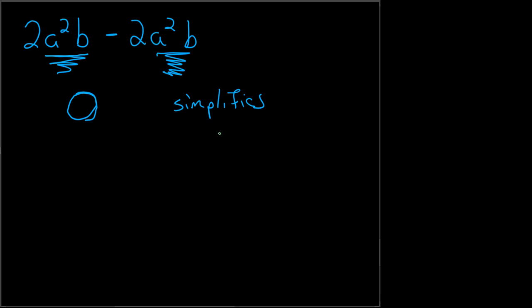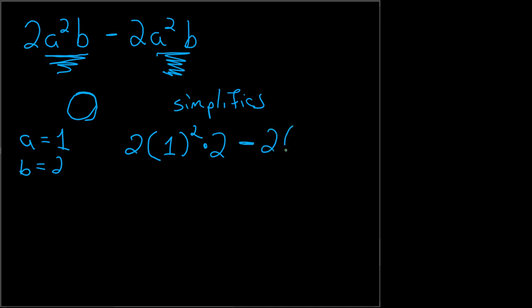Well, we don't actually want to just trust this one, so let's check it. Let's say a equals 1 and b equals 2. I'm going to plug those into here. So I get 2 times 1 squared, right? Because I'm plugging the 1 into here, times 2 for plugging the 2 into b, minus 2 times 1 squared, right?